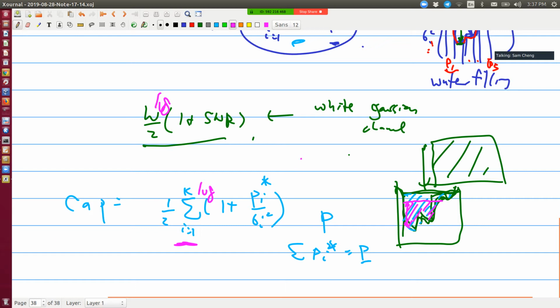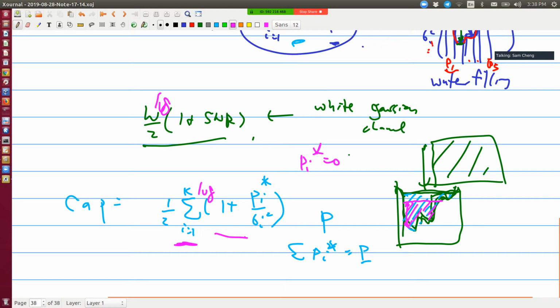If any Pi star is equal to 0, it doesn't contribute to this sum, right? Log 1 is 0, so it doesn't contribute. This means the capacity will be decreased if P1 is equal to 0.